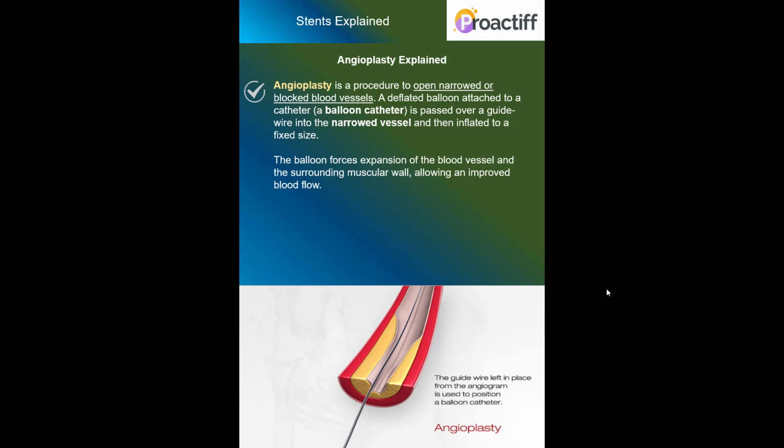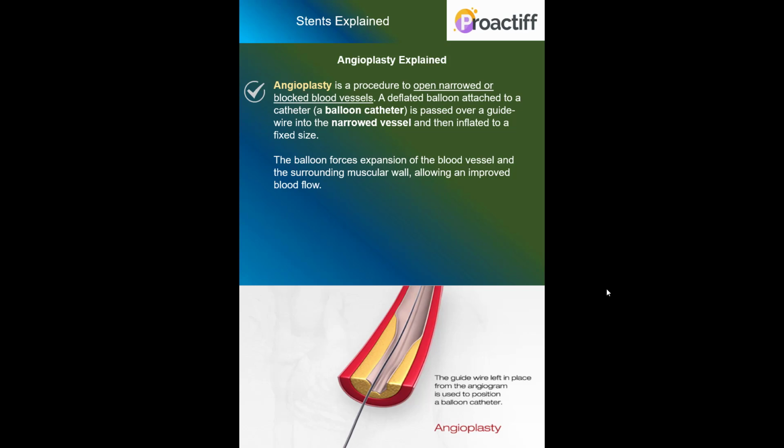Now, in the angioplasty procedure, as you have seen, the wire initially goes through, and along with the wire, the angiogram is used to position a balloon catheter.